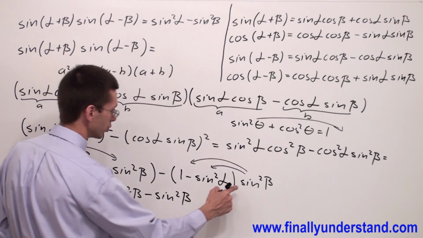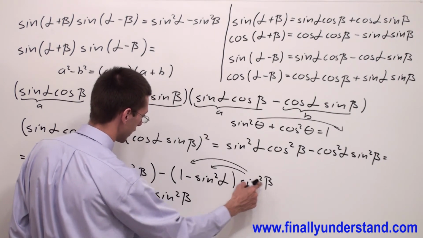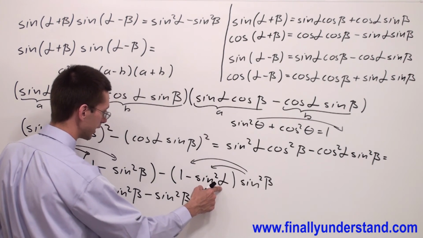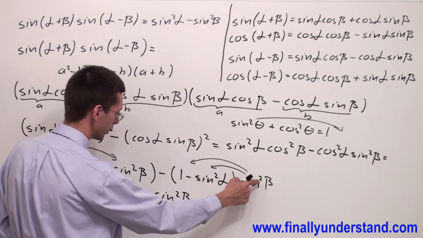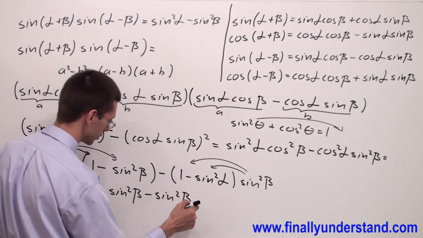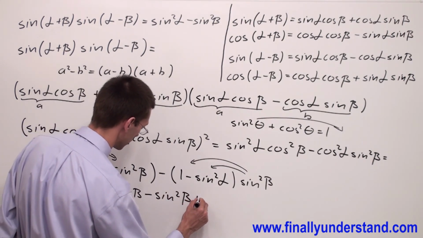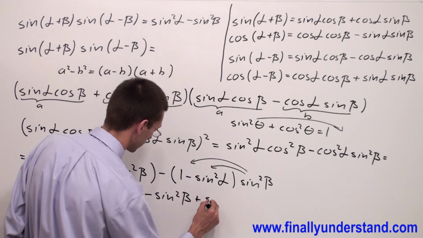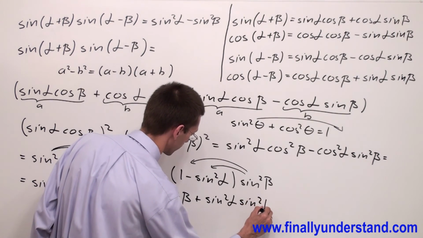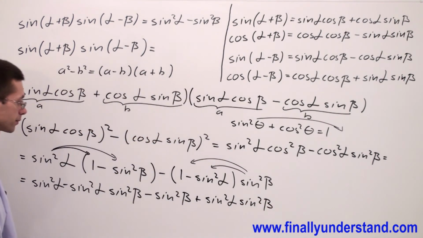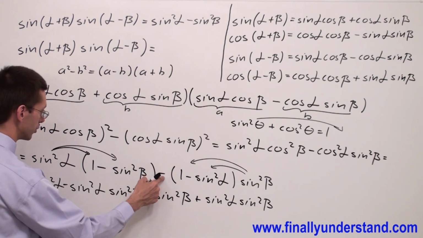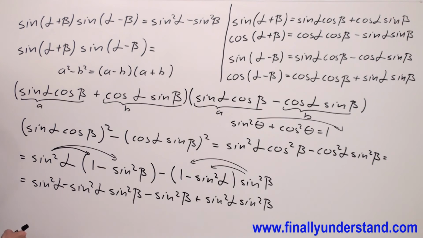And I have sine square beta times negative sine square alpha is negative sine square alpha times sine square beta, but this negative sign multiplied by this sign is going to give me positive plus sine square alpha sine square beta. Okay, remember you cannot forget about this negative sign.